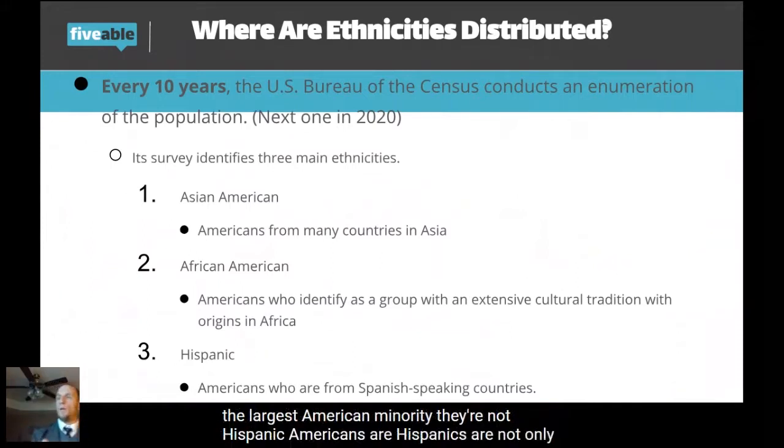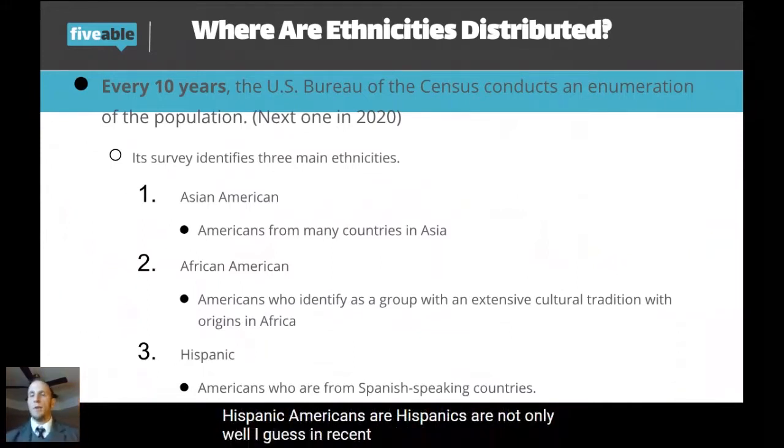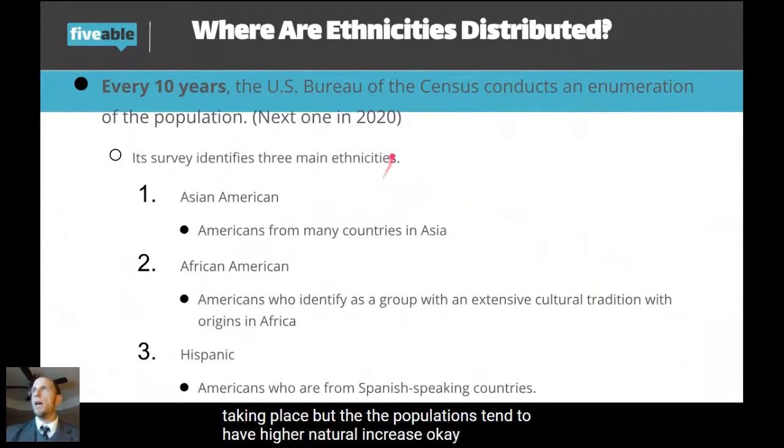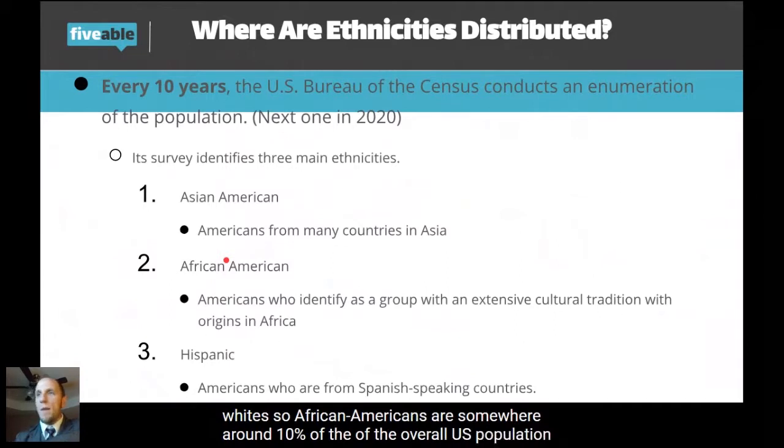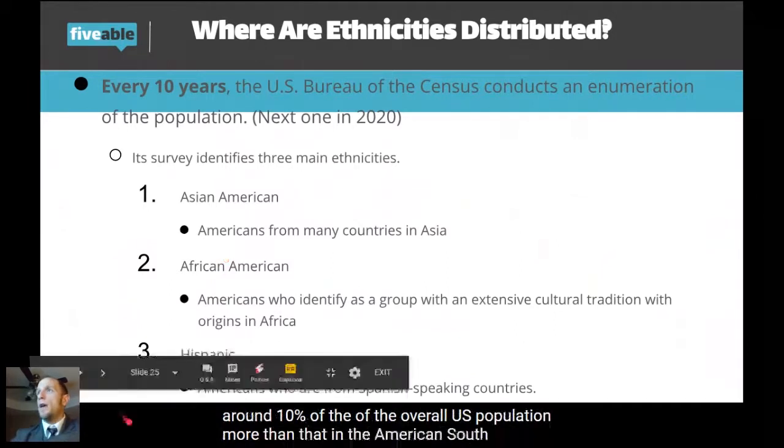In recent years, you see a trend where less and less actual migration is taking place, but the populations tend to have higher natural increase, okay? And African American natural increase is actually low, like whites. So African Americans are somewhere around 10% of the overall U.S. population, more than that in the American South. Hispanics make up somewhere around 16%.